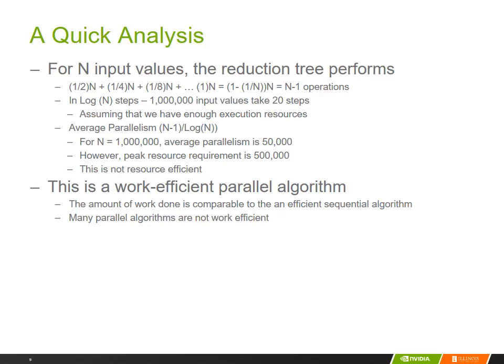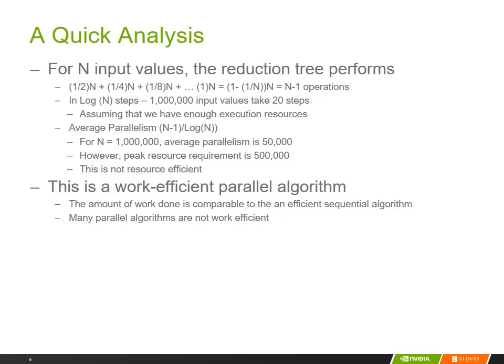So for n equal to 1 million, the average parallelism will be 50,000. However, the peak resource requirement will be 500,000, which is needed to do the first step. So this is not a very resource efficient algorithm, and on average we're only using 1/10 of the resources.